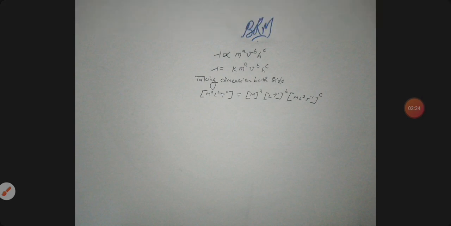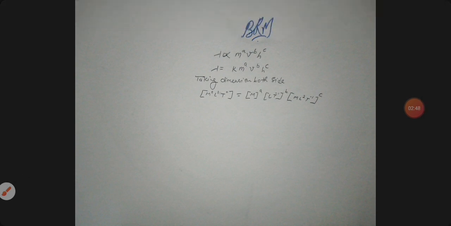I have told you that it will be better if you learn more and more dimensional formulae for different physical quantities, because it will help you everywhere. Sometimes 1 mark questions are asked to tell the dimensional formula of a particular physical quantity, so it is better to know more and more dimensional formulae. So for Planck constant it will be ML^2T^-1 to the power c.